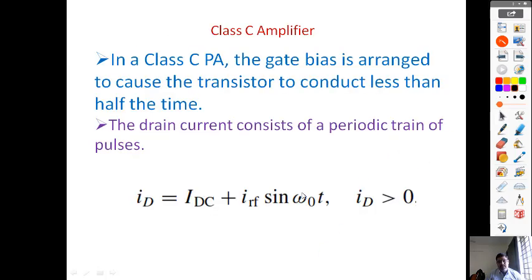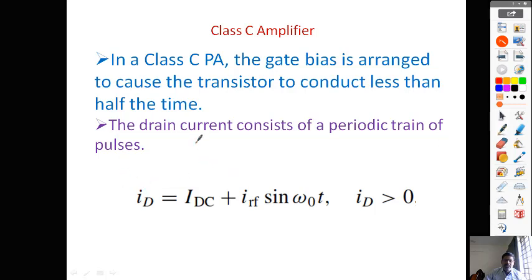Now, class C amplifier. In a class C power amplifier, the gate bias is arranged to cause the transistor to conduct less than half the time. That means, take an input sinusoidal signal, theta versus amplitude.